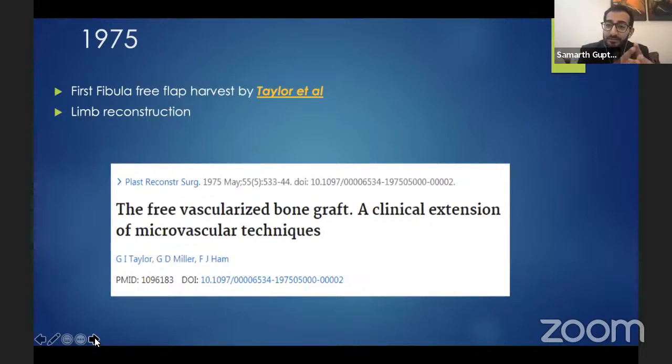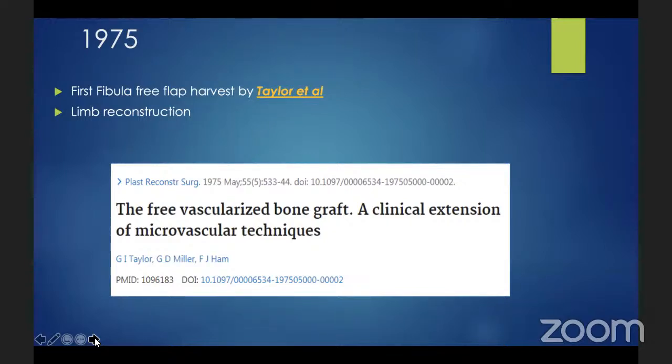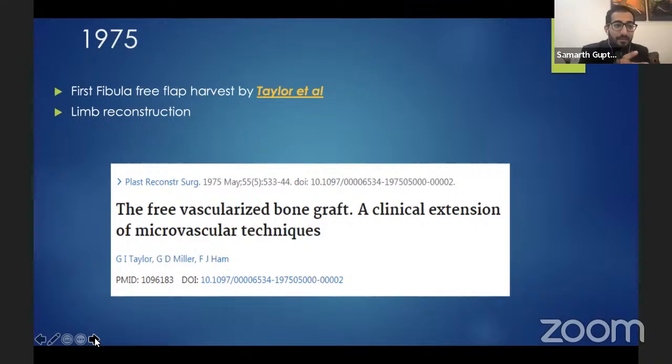What is free? Free means you take the tissue along with its vascular supply and nerve supply, and reposition it somewhere else in the body, and we anastomose the artery and the vein so that the vascular supply of that flap is maintained. So that is free. And fibula, because it's the fibula bone, and a flap is a flap.